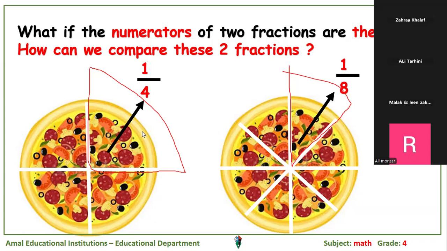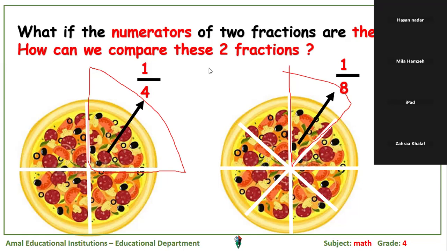If we divide the pizza into a small number of parts, the size of the piece will be bigger. In the second example, we divide into 8 equal parts, so the size will be smaller.